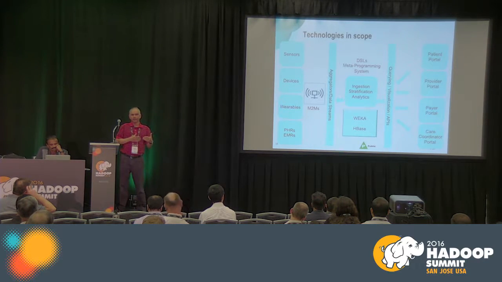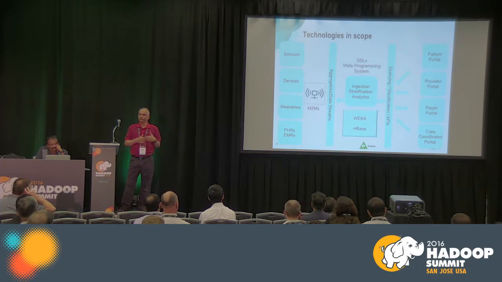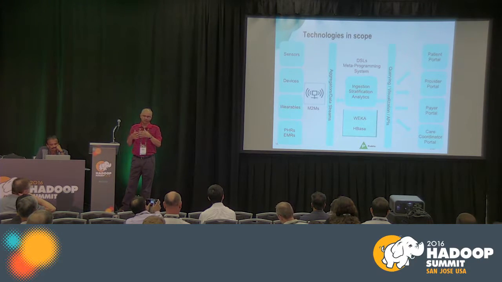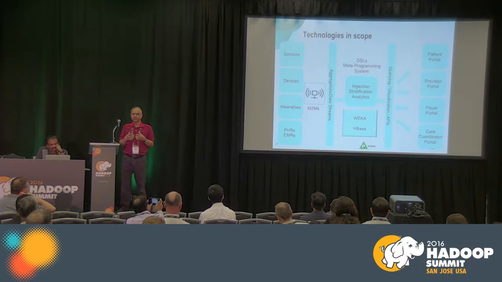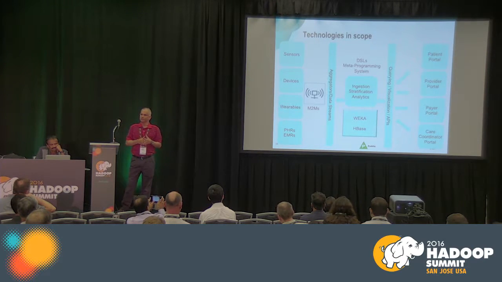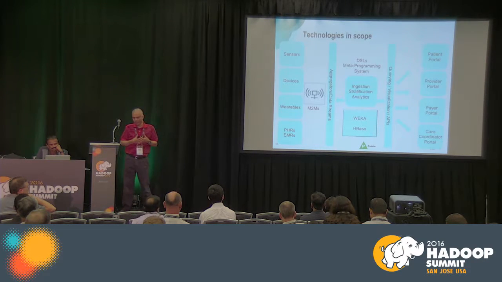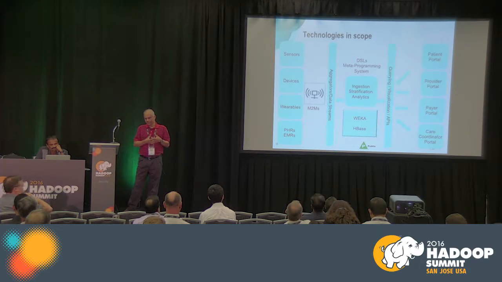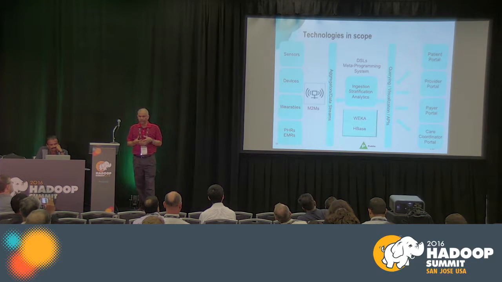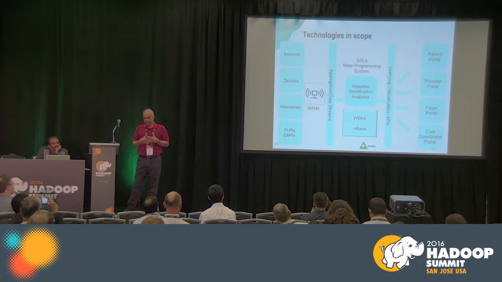They are getting aggregated through a variety of machine-to-machine protocols, which are very conscious of the resource constraints these devices suffer from. They come into an aggregation layer, which ingests the data into an ingestion layer where it's stratified, and then it goes into the analytics layer.